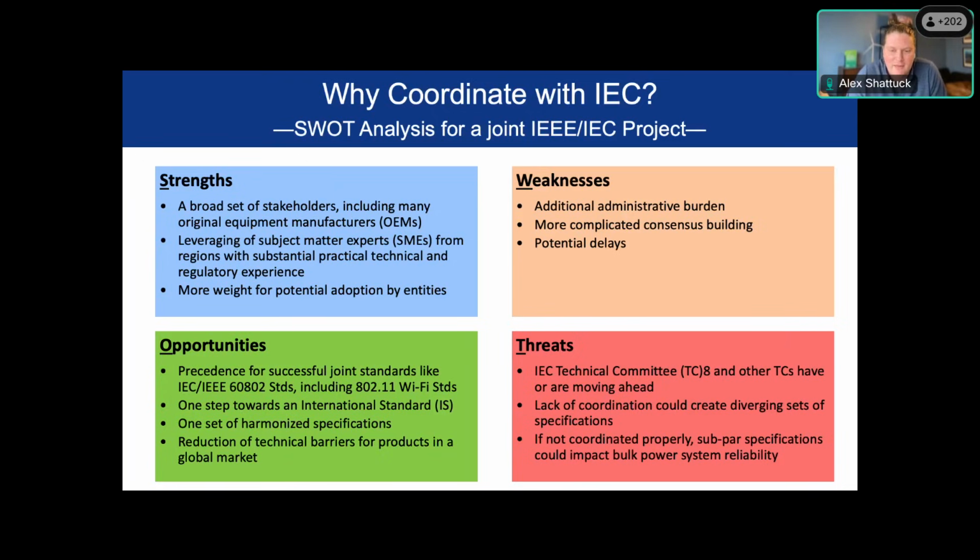The IEC world is very interesting, and there are a bunch of other committees moving ahead with other standards or other grid forming related projects, which inside the IEC alone can lead to lack of coordination and diverging sets of specifications. If we don't coordinate these things, then we end up in the same situation we're in now, which is not coordinated, disparate, and maybe even conflicting requirements.